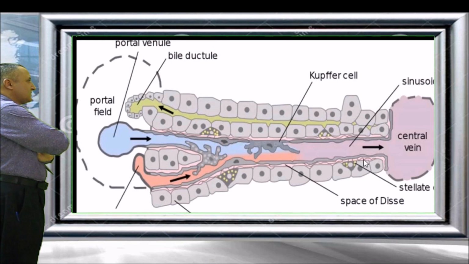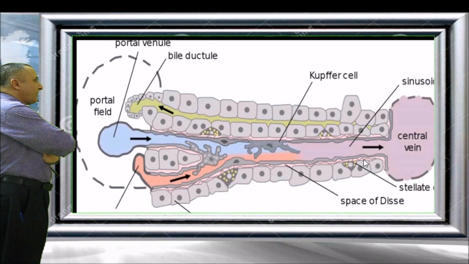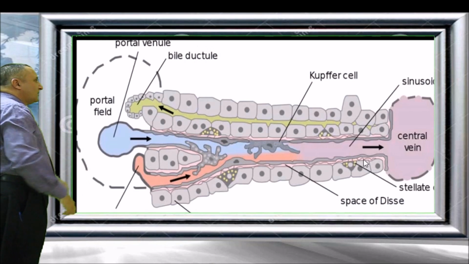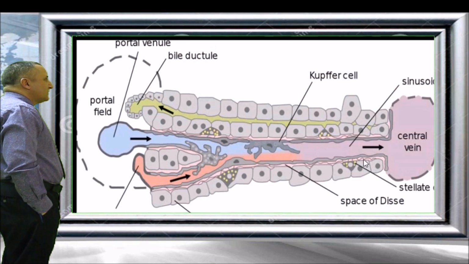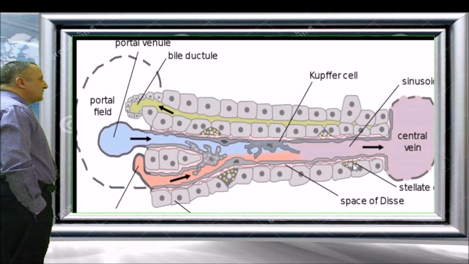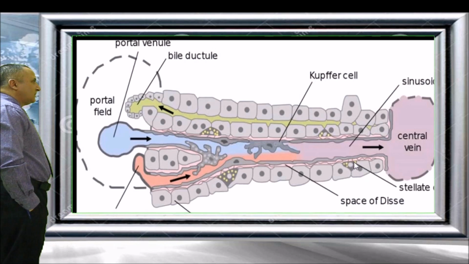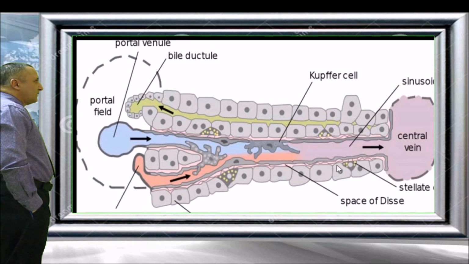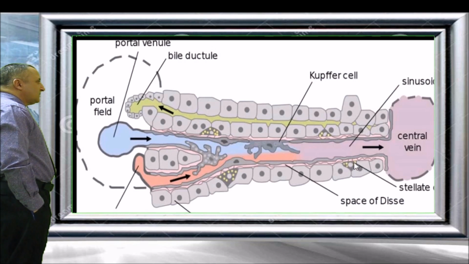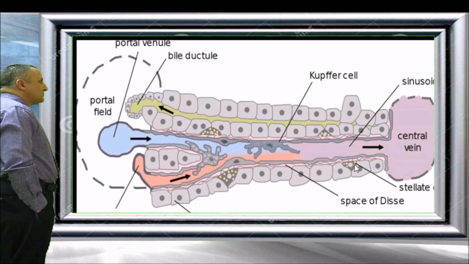They are modified resting fibroblasts that can store fat and vitamin A. So these satellite cells store fat as well as vitamin A, and under certain conditions they change into fibroblasts.